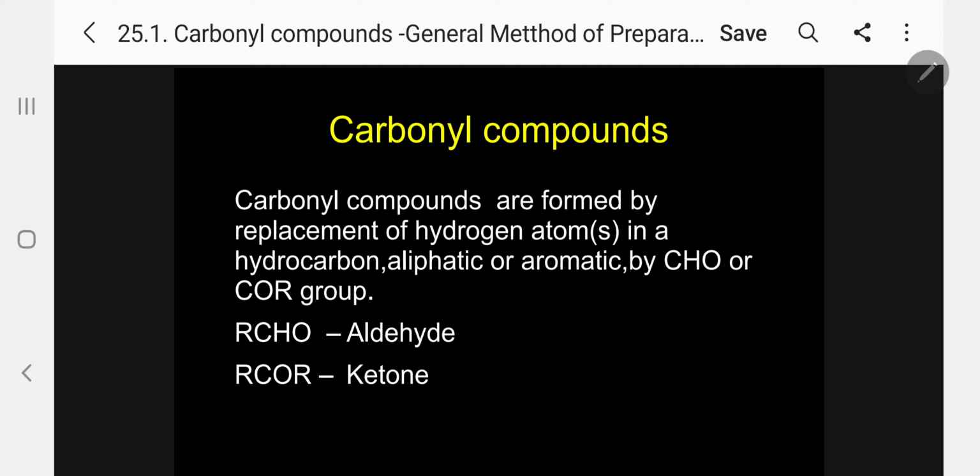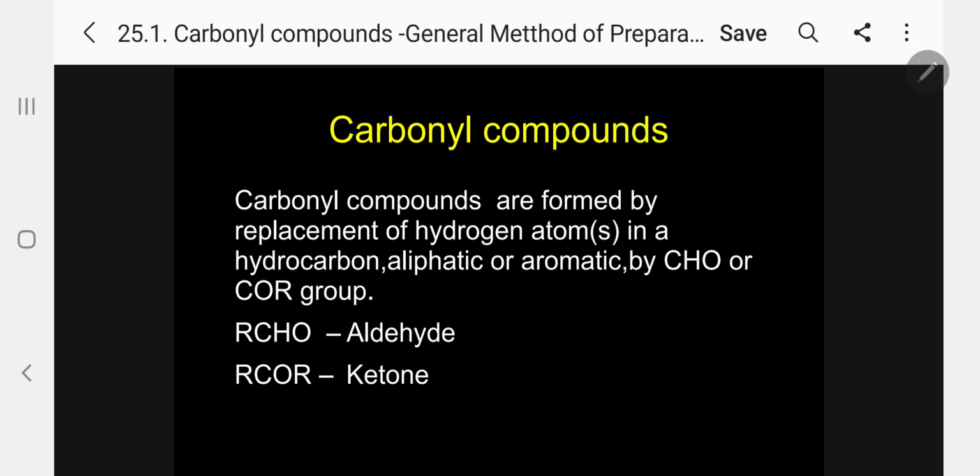Aldehyde and ketone have the same general method of preparation, properties, etc., whereas carboxylic acids behave in a different way. Because of this general carbonyl group, they have included all three in the same chapter.